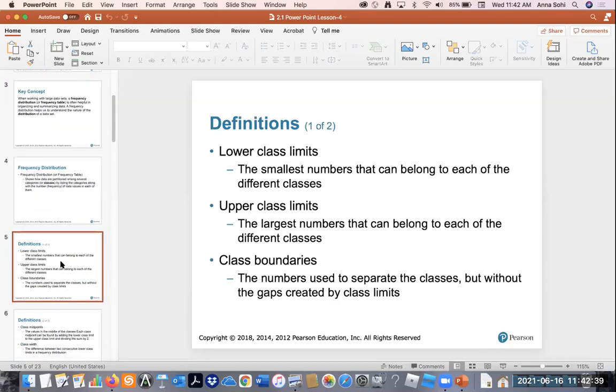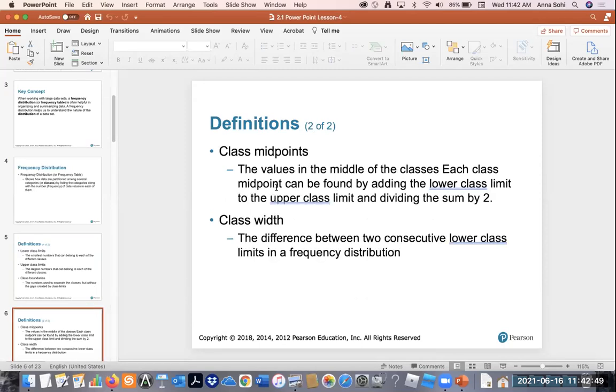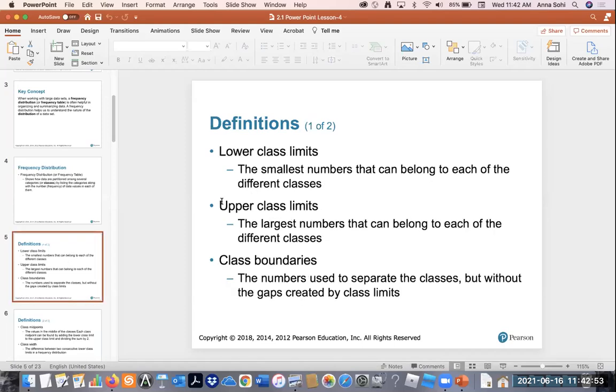Okay, definitions: lower class limits, upper class limits, class boundaries, class midpoints, class width. Let's just see the words again. I'm going to come back to this where you write the definitions, but let's just pay attention to the words.